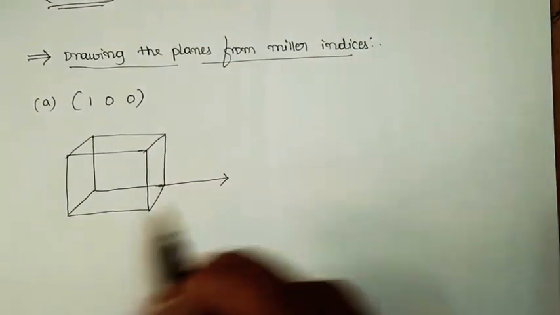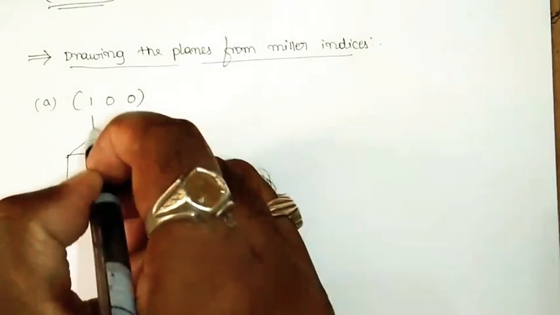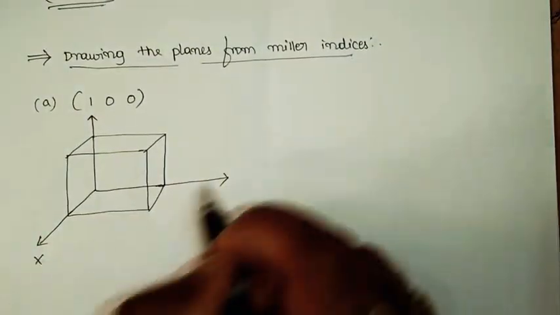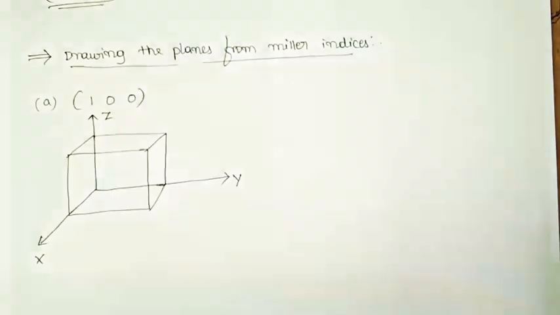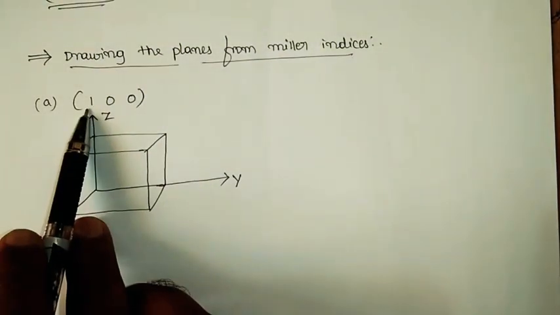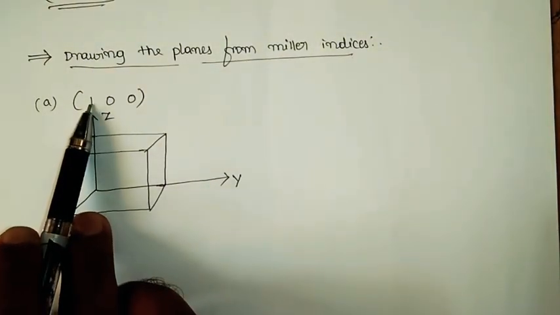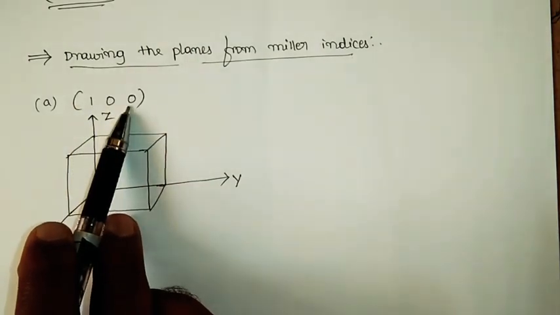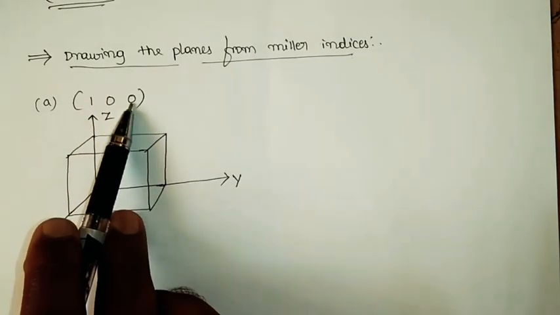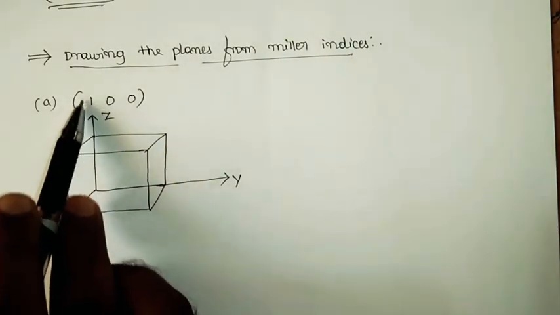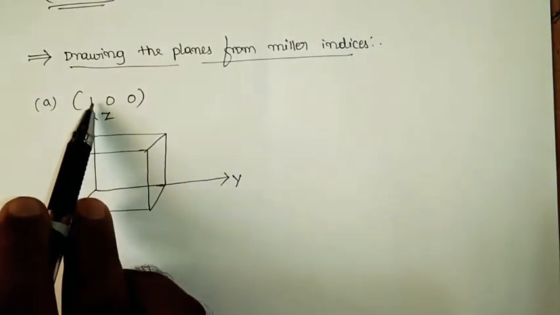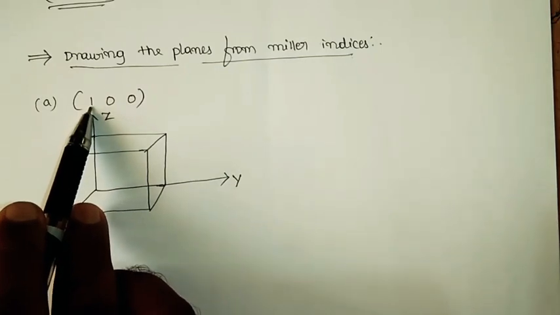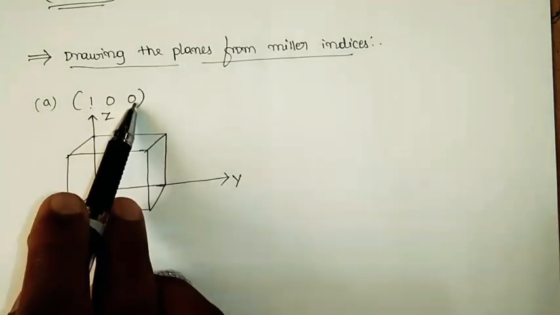So these are the axes, X, Y, and Z. This is along the x-axis, this is along the y-axis, and this is along the z-axis. This accounts for A, B, and C. Here you can see the plane has orientation only along the x-axis, and there is no orientation along the y and z-axes.